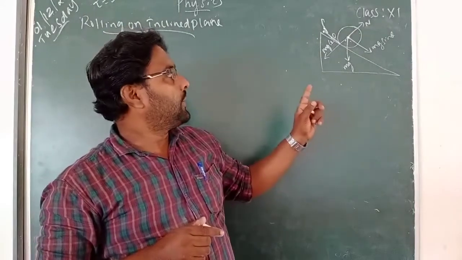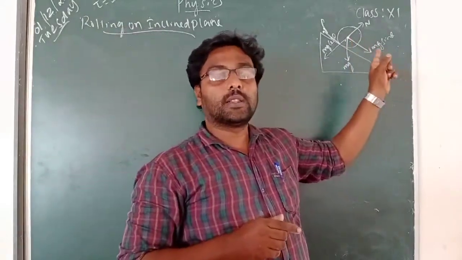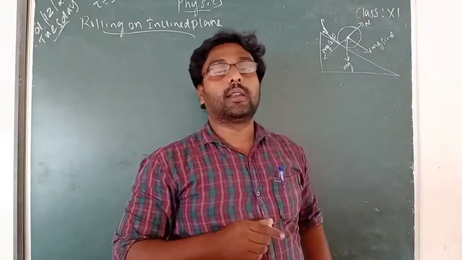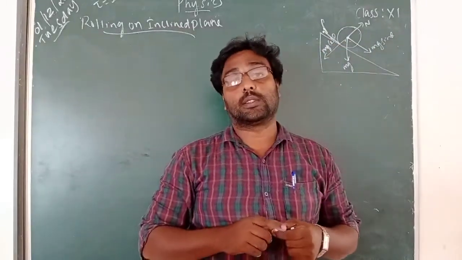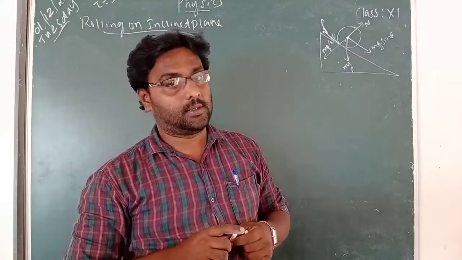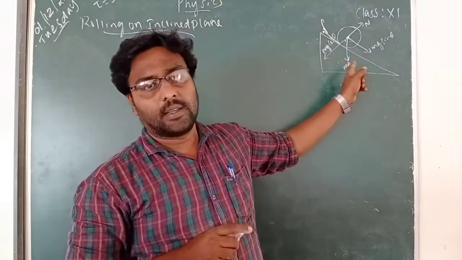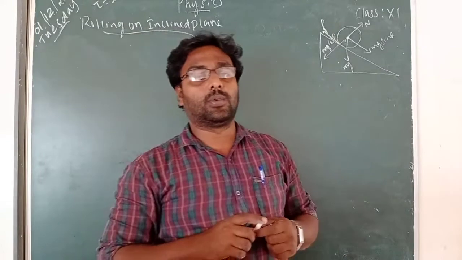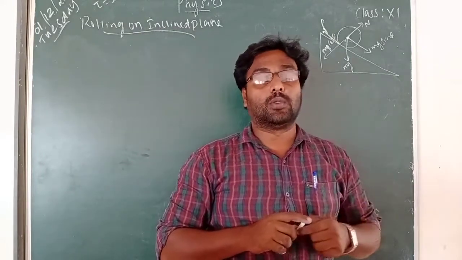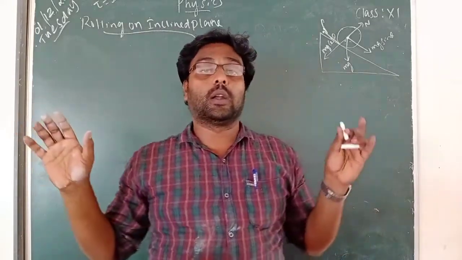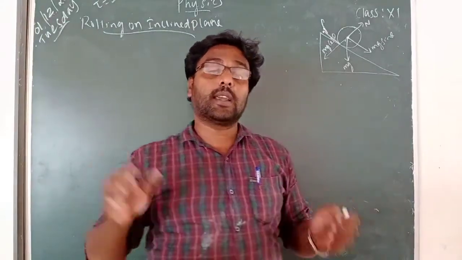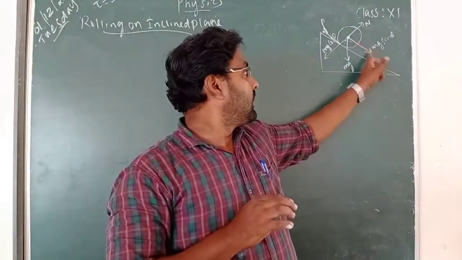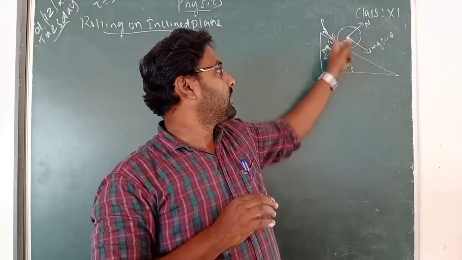Now you see, when this object is rolling down on an inclined plane, we can see two forces acting on it: Mg, the gravitational force, and the upward normal force. The component of force Mg can be split into Mg sin theta and Mg cos theta.